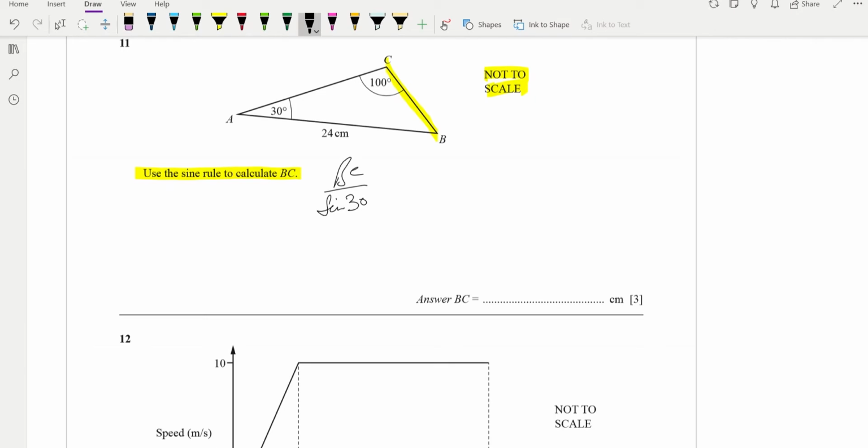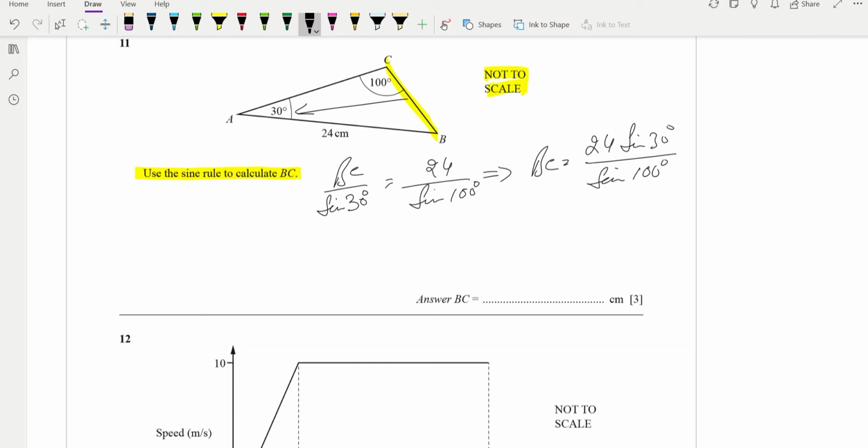BC opposite angle is sine 30 degrees, this one, and then we can use this is equal to 24 over sine of 100.